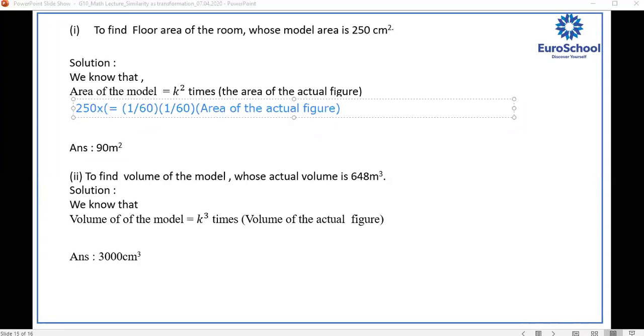If I have to convert centimeter square into meter square, what to do? Centimeter into meter, because the question is asked in meters. So 250 into 1 upon 100 into 1 upon 100, right? 2 times, because it's centimeters square. So are you getting the same thing that I have written here? Good.